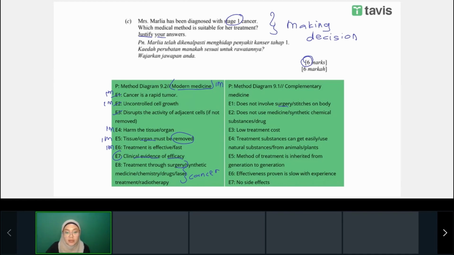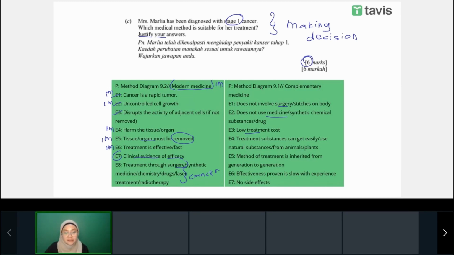No stitches on the body. Puan Malia has no need to use medicine, no drugs, no chemical substances will go into her body. Low treatment cost as well, not as much as the modern medicine.